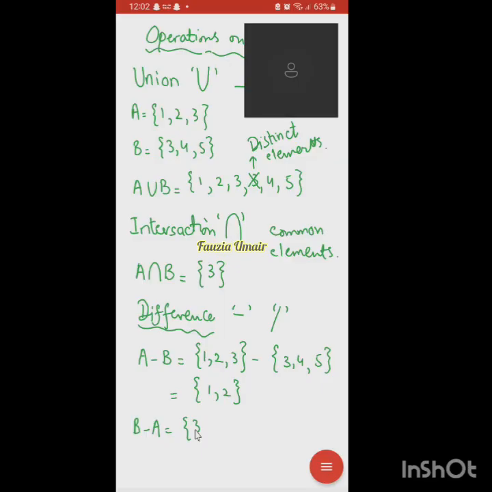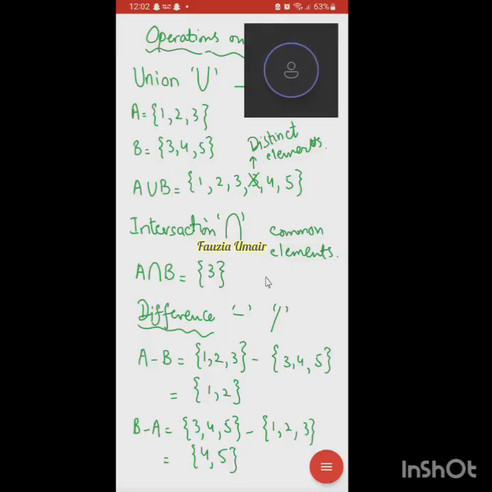So what is B minus A? Let's say 3, 4, 5 minus 1, 2, 3. So now what will come? Elements of B which are not in A: 4 and 5. और इसके लिए आपने ये याद रखना है. वैसे भी आपको पता है डिफरेंस में ऑर्डर मैटर करता है ना.